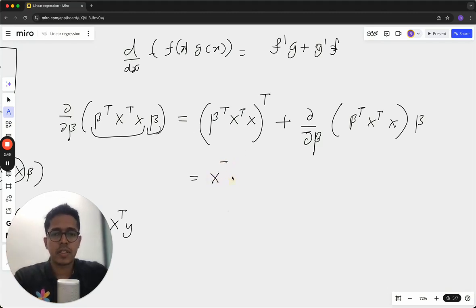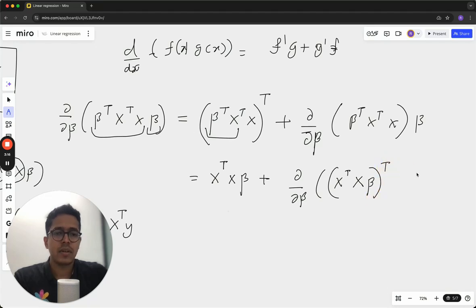It will come to the first part times transpose of this whole thing, which will be x transpose x, times beta transpose, it is beta, plus here we can write this in another form, dou by dou beta of x transpose x beta, the whole transpose, times beta.